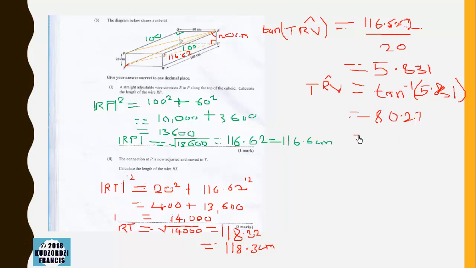So to one decimal place, it will give us 80.3 degrees.